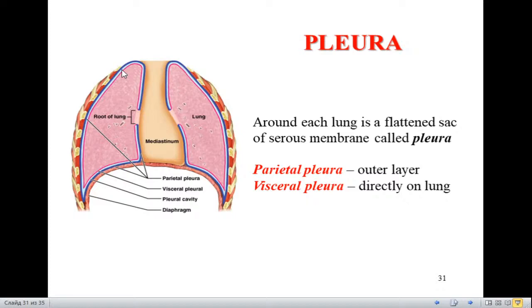The amount of this serous fluid is not big, and in some pathological diseases, an enlargement of the volume of circulating pleural fluid can cause additional problems.